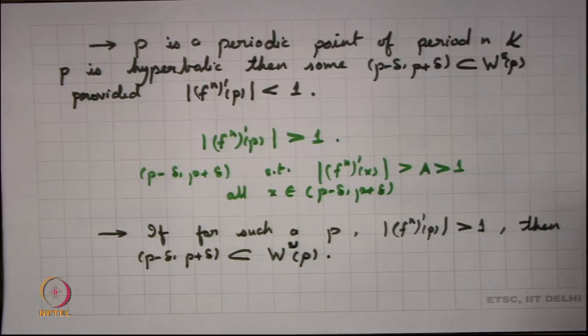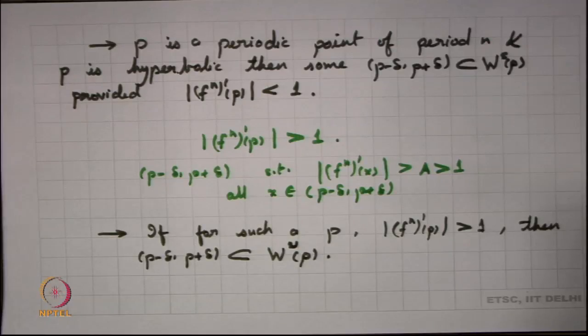So, for a hyperbolic periodic point, if this modulus is greater than 1, then this interval is contained in the unstable set of p.